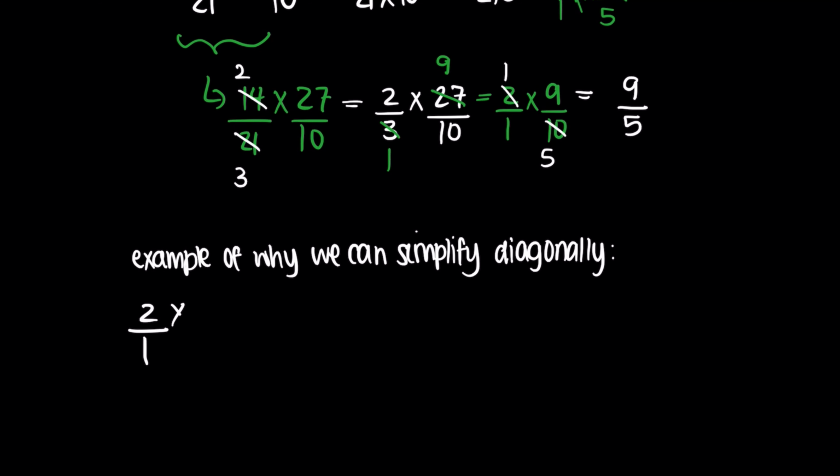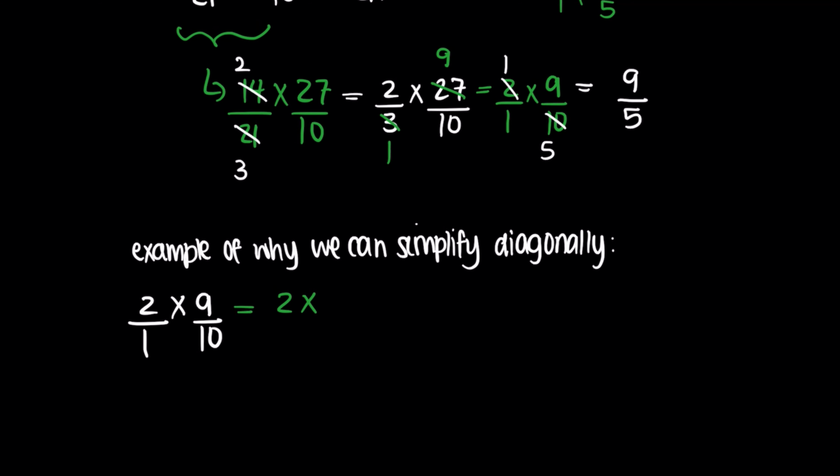So let's take the example 2 over 1 multiplied by 9 over 10. Okay, so we know how to simplify vertically. Let's start there. We see that there's nothing to simplify vertically for this fraction nor this fraction. So if we just multiply our numerators by our numerators, 2 multiplied by 9 over denominator times denominator, so 1 multiplied by 10.